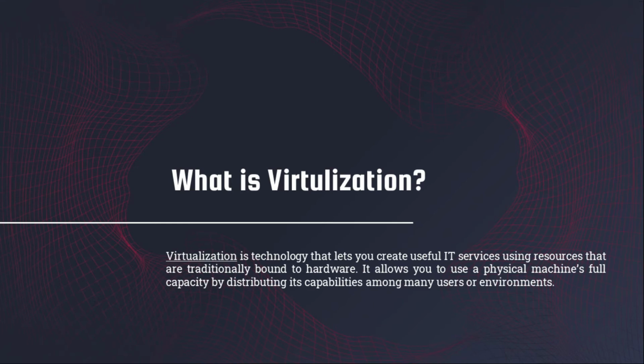If you see the definition, it was basically created to maximize the usage of your hardware resources, to use your physical machine to its fullest capacity. Now this is a very generic definition, right? So what exactly does it mean?